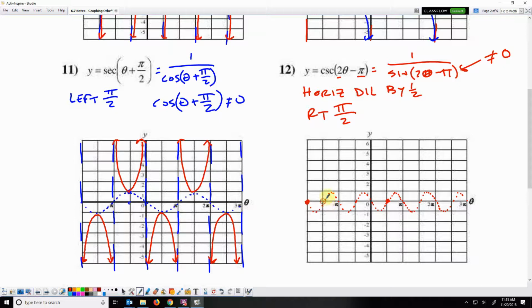Every time it touches its axis, there's an asymptote. So there's going to be a lot of asymptotes on this one. So every half pi units, there is an asymptote.